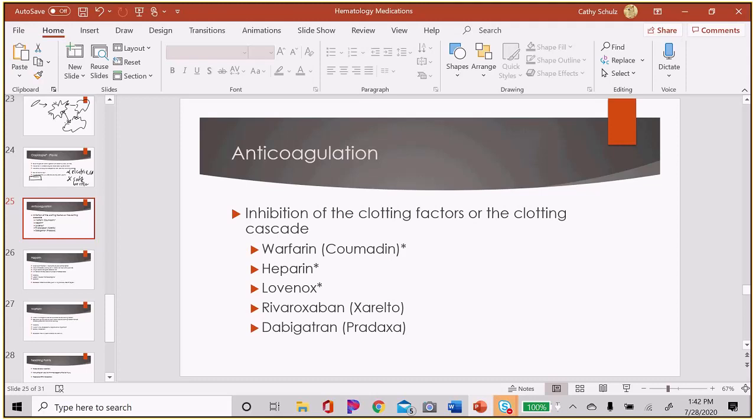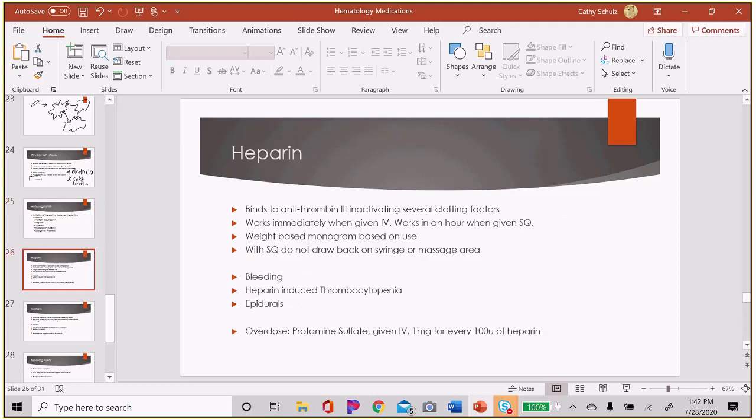Warfarin, which is Coumadin, heparin, and Lovenox are medications that inhibit the clotting cascade so that you can't get that fibrin material. People are generally placed on these medications for several reasons. So heparin and Lovenox are similar, but have a slightly different mechanism of action.